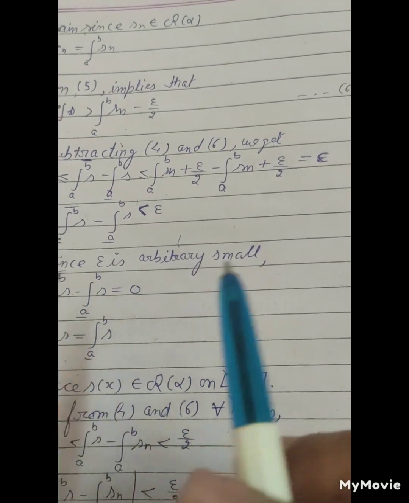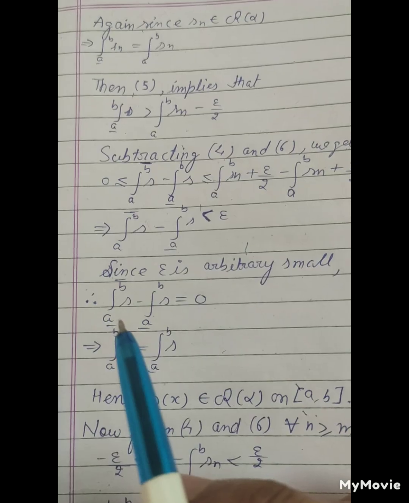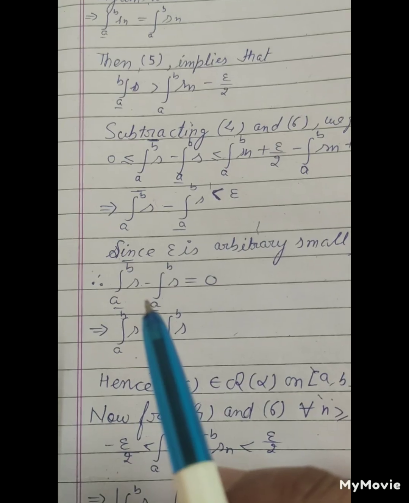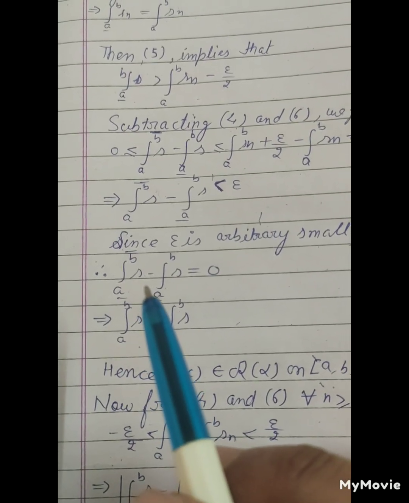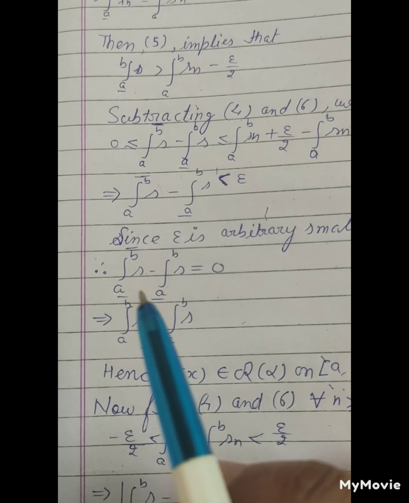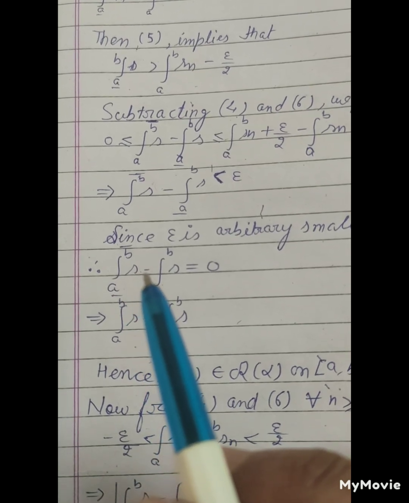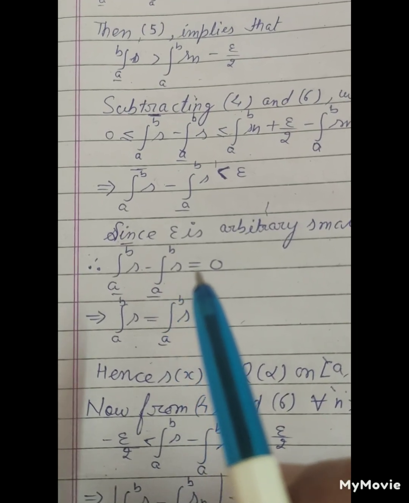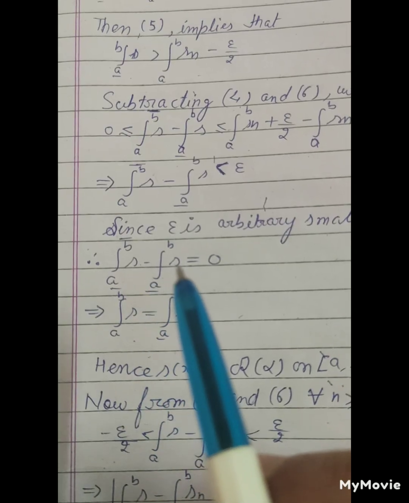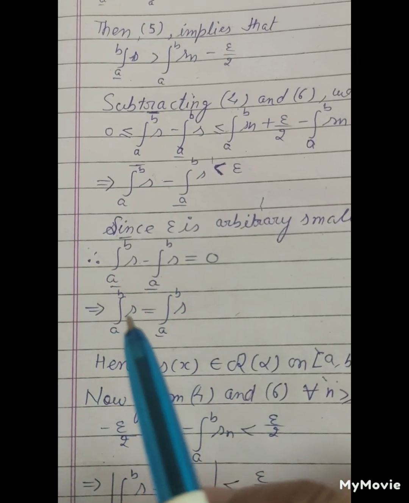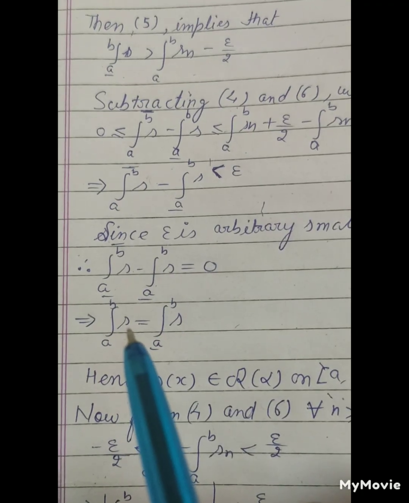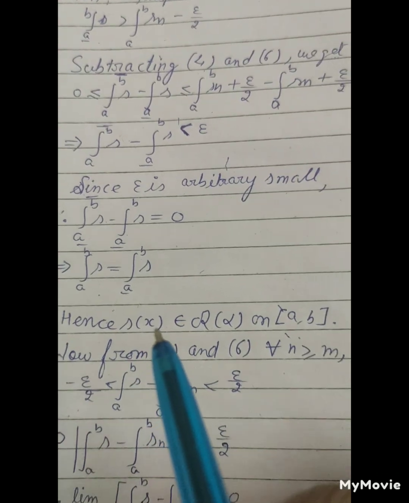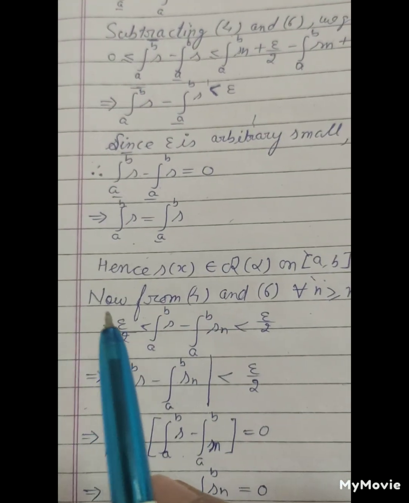Since epsilon is arbitrarily small, the upper Riemann integral of s minus the lower Riemann integral of s equals 0, which implies the upper Riemann integral of s equals the lower Riemann integral of s. Hence s(x) belongs to R(alpha) on [a,b].